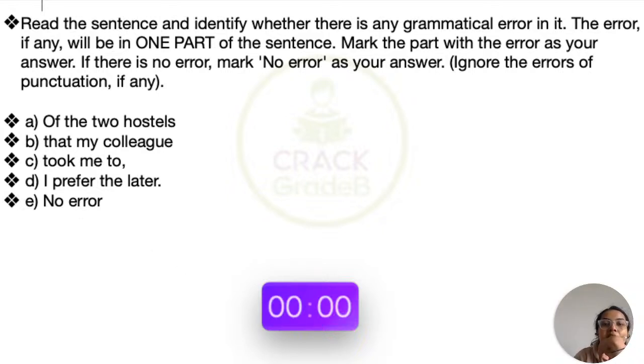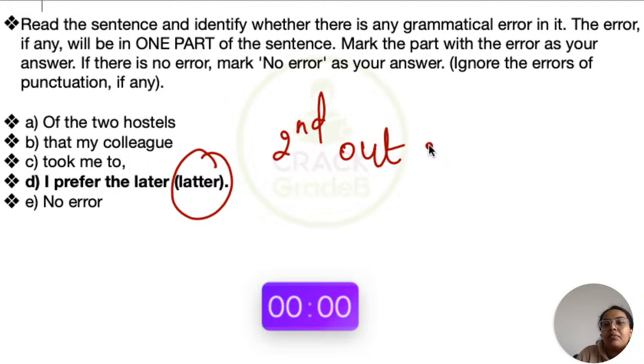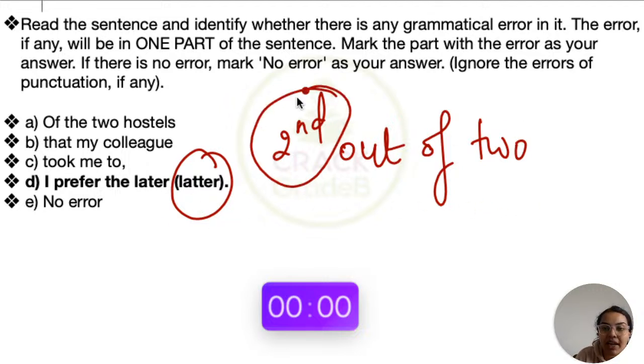The answer here is D. It's a very short sentence, but you see, we have the word latter. When we use this, it means the second one out of two. So if two names are mentioned, two things, two cities, any two things, any two people, if I want to highlight the second one, I use the word latter with double T. This "later" is used with respect to time.